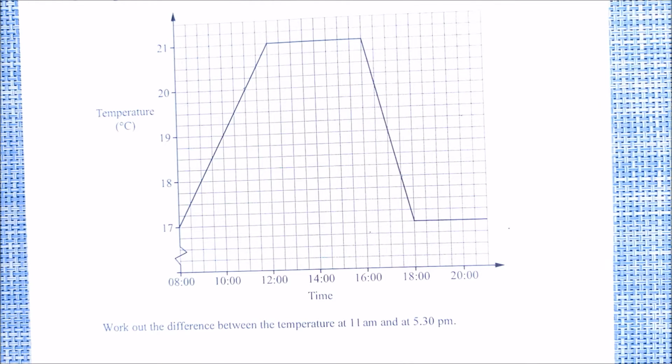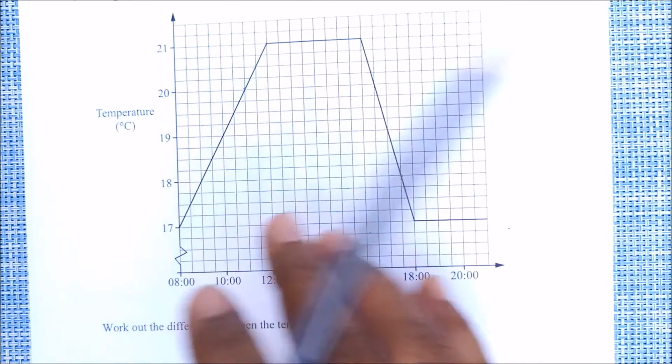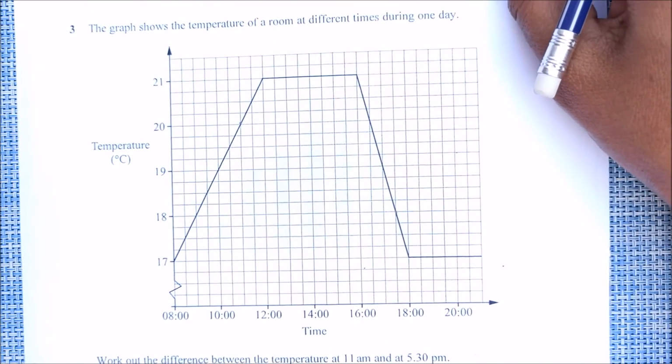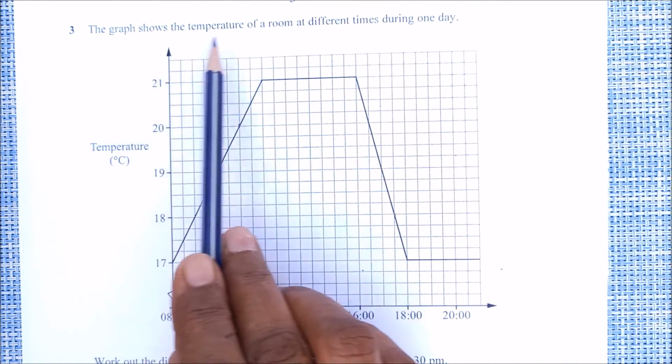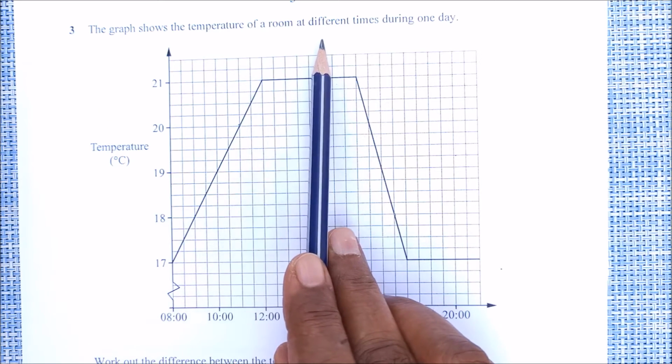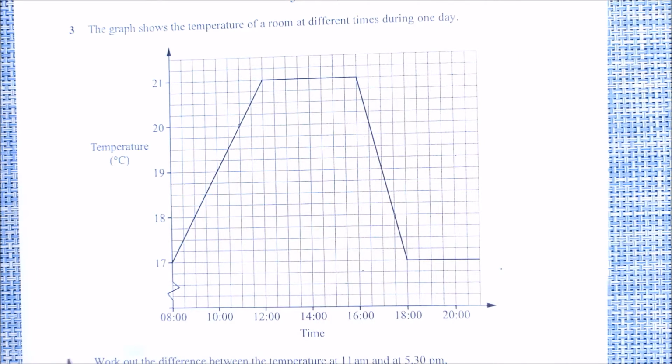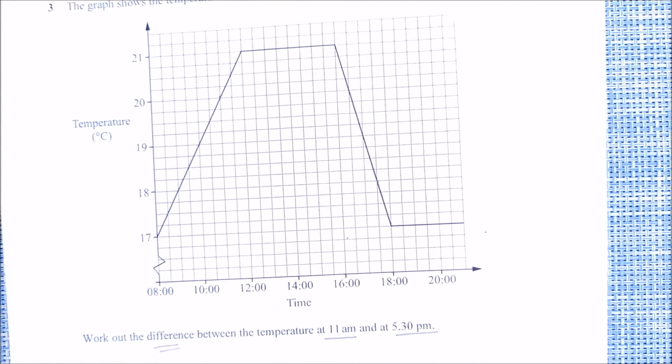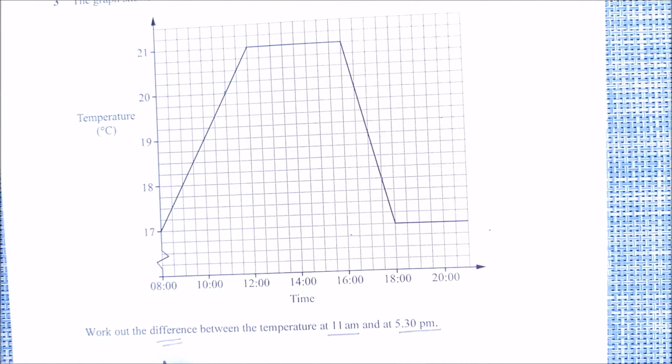Question number 3. The graph shows the temperature of a room at different times during one day. You can see this side we have temperature, this side we have time. We need to find the difference between the temperature at 11 a.m. and 5:30 p.m. Whenever you do any question, you should always underline the keywords.